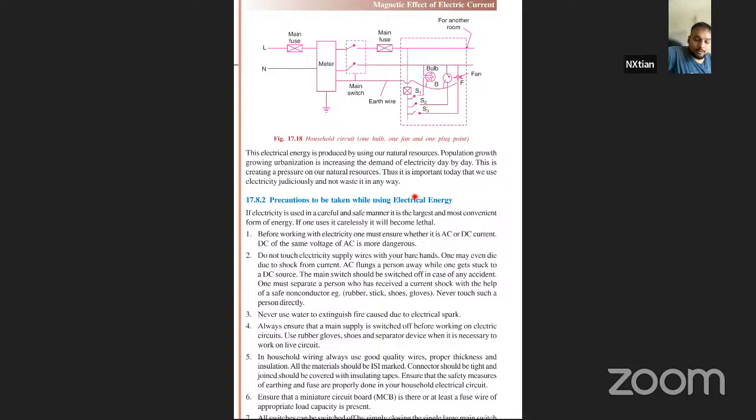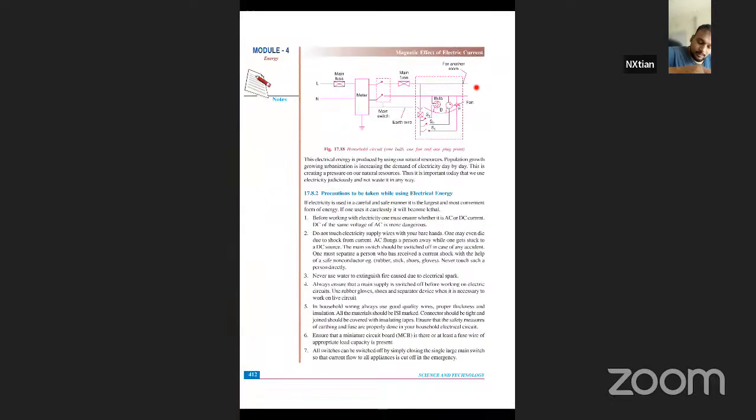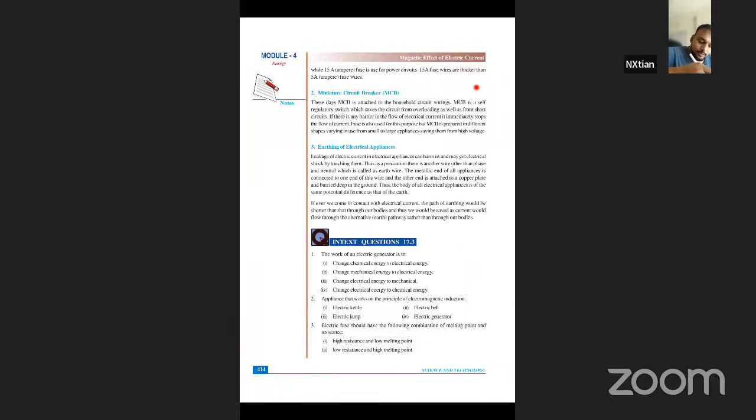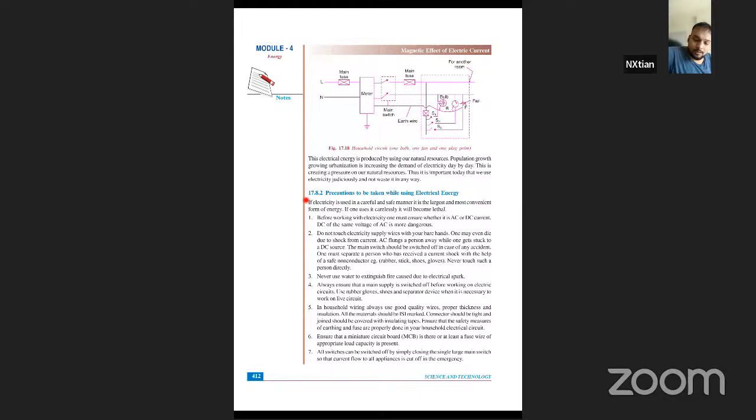Now precaution. Can you read this, Jahovan? If electricity is used in a careful and safe manner, it is the largest most convenient form of energy.